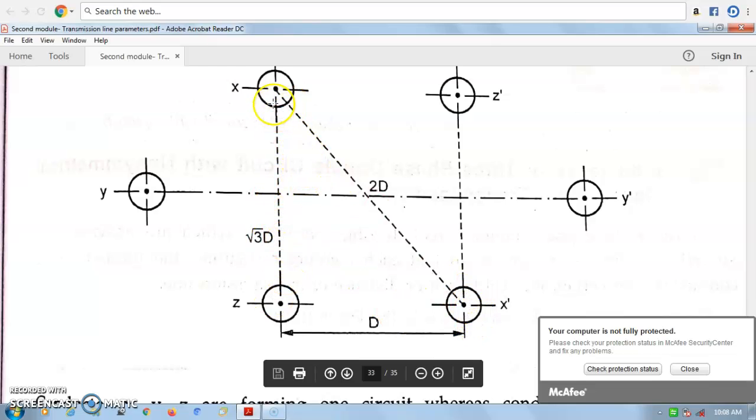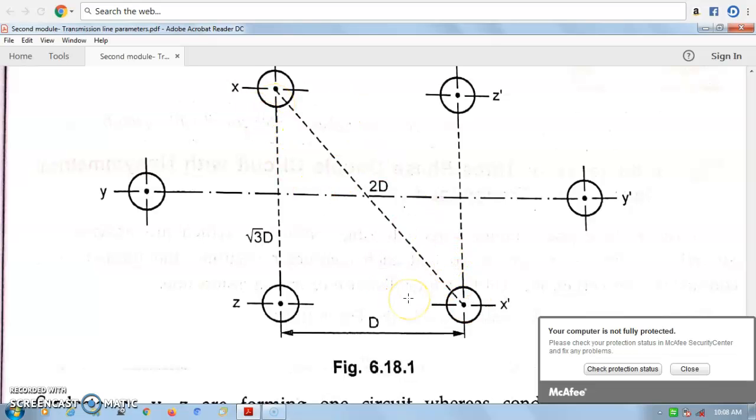Then x dash makes a flux on the x conductor. We have to take this distance, right? So here we can directly take capital D, but the x and x dash distance is 2D. See here, D plus D is 2D, the distance between x and x dash, right?